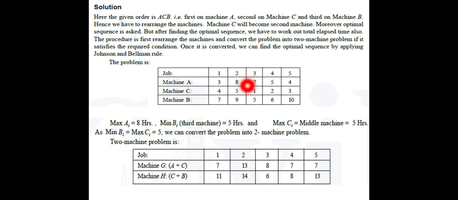Similarly for job 2 it is 8 plus 5, that is 13, and C plus B for H. This table shows the conversion of 3 machines into 2 machines. Once we convert, we can apply Johnson's and Bellman's rule to find the optimal sequence.